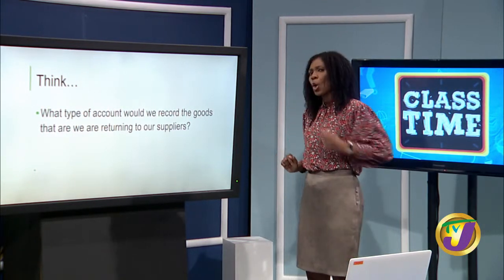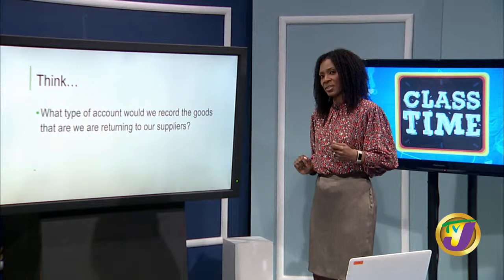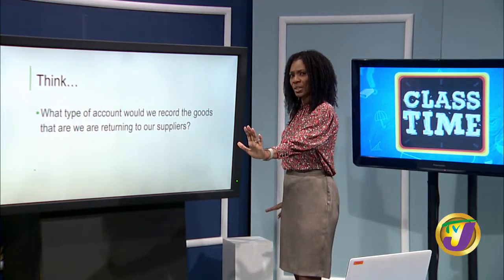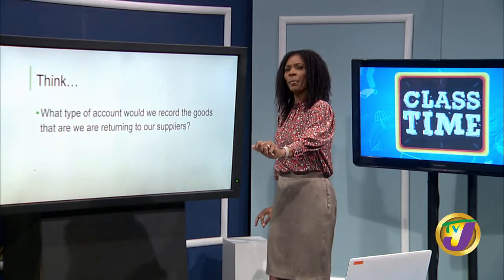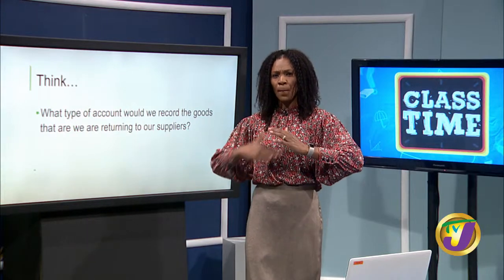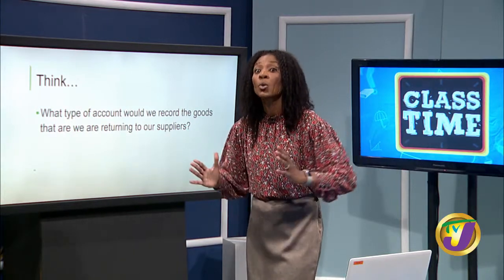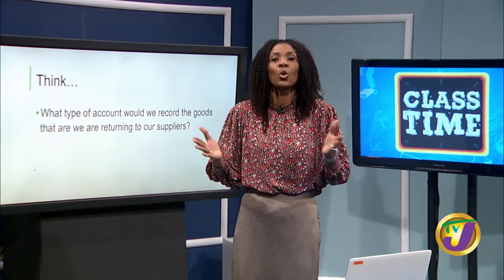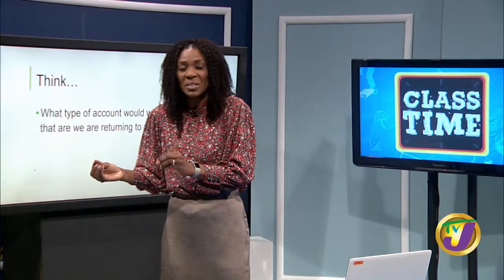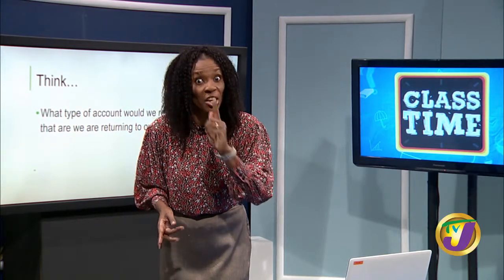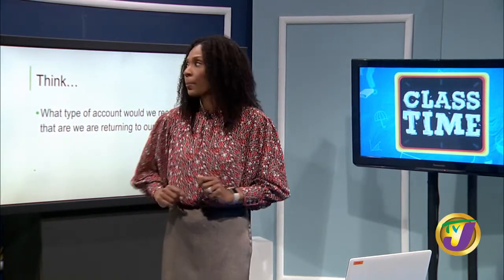Now, let's go back to the return of the stock to our suppliers. So we say we're sending them out to the supplier, and we're making a return. And we're going to call this movement returns outwards. So what type of account then do you think we need to open up? Can we put those goods in the purchases account? No. If you do it, CSEC will mark you wrong, because you never bought the goods, you're returning the goods.